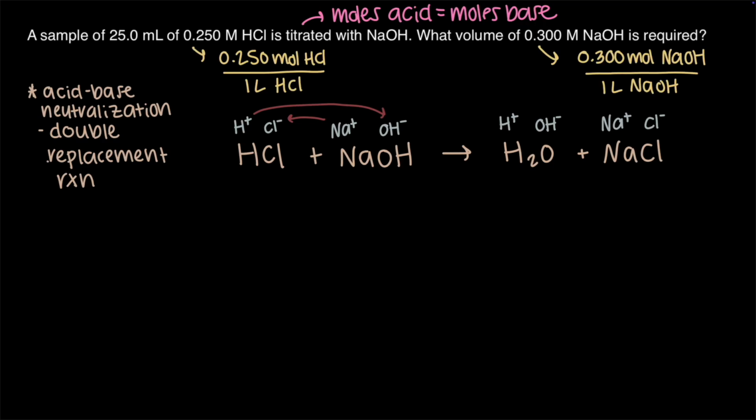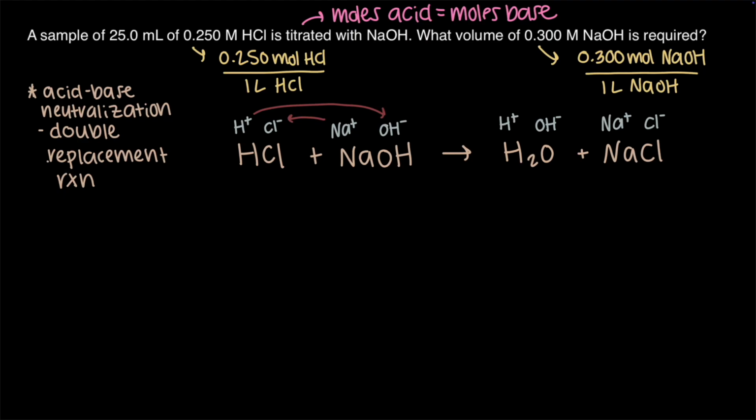Let's write down the conversion factors we can use from the molarity values given. 0.250 molar HCl will become 0.25 moles of HCl for every 1 liter of HCl. 0.300 molar NaOH will become 0.300 moles of NaOH for every 1 liter of NaOH. We will start with the compound we are given the most information for, HCl.